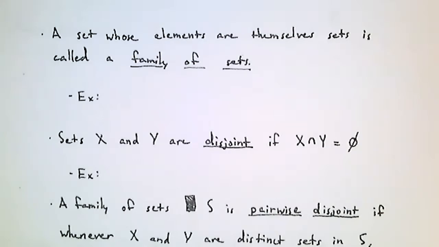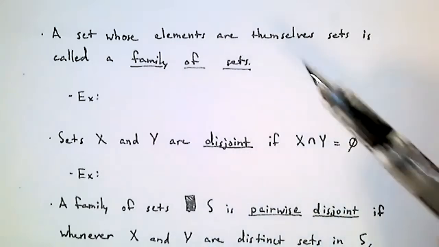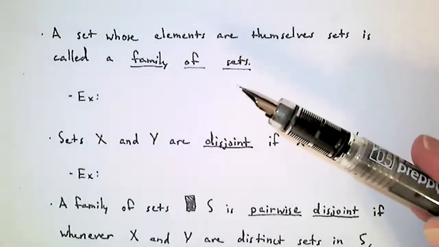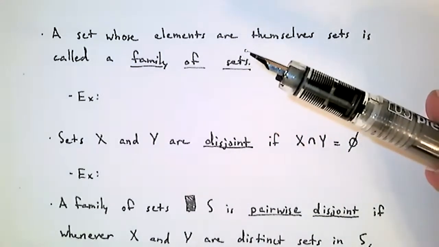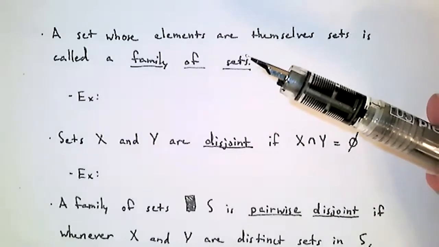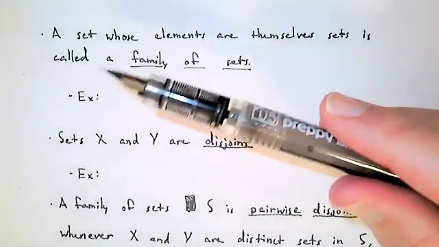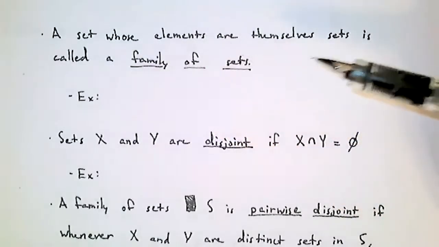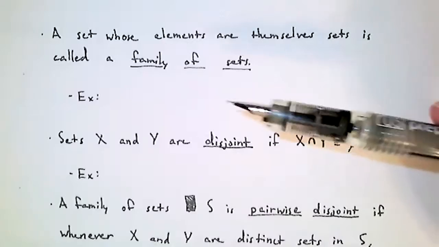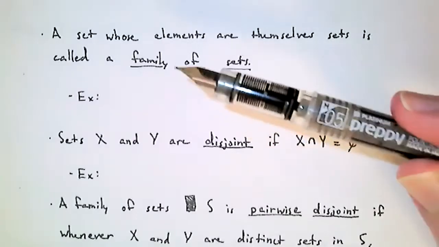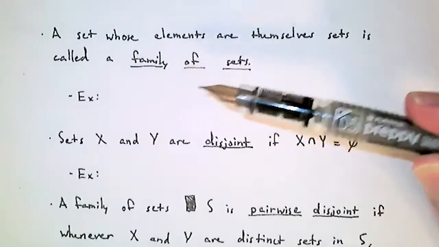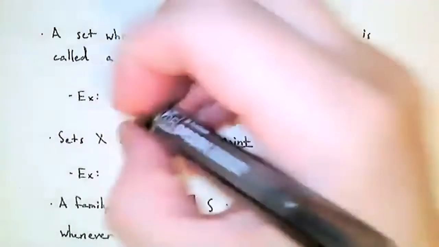Okay, so moving along. I mentioned on Wednesday that our sets can have sets inside of them, and there's a special name for a set that only has sets inside of it. And this is it. A set whose elements are themselves sets is called a family of sets. So it's something like a collection of sets.